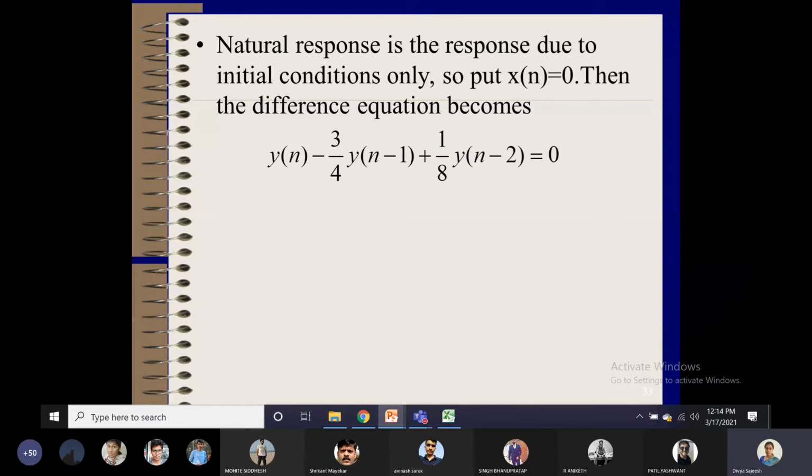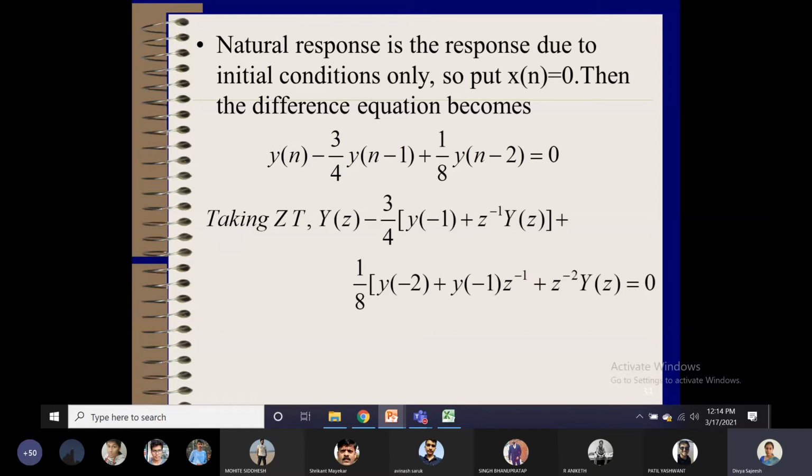Now let us apply the Z transform for this. When you apply the one-sided Z transform, we need to get the initial condition. So one-sided Z transform is applied here. For y of n minus 1, the shifted signal, what is the first term?